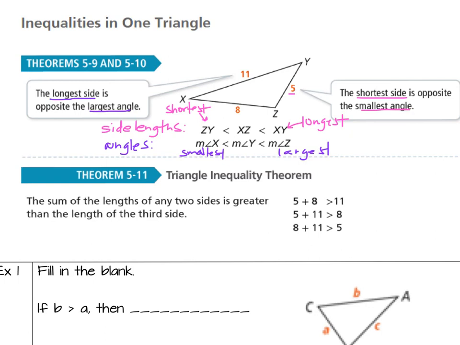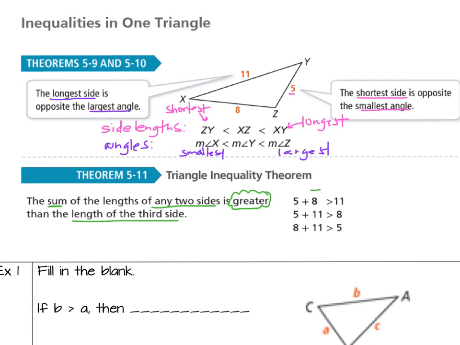Now the triangle inequality theorem underneath talks about the sum of any two sides in a triangle and how it must connect to the length of that third side. It says the sum of the lengths of any two sides must be greater than the length of that third side. So take a look. We've got the 5, the 8, and the 11 on triangle XYZ. Notice we're taking any two sides and adding them together.